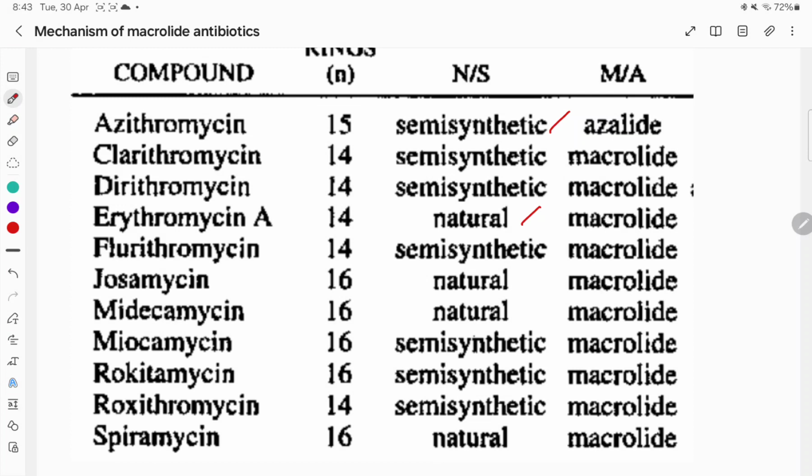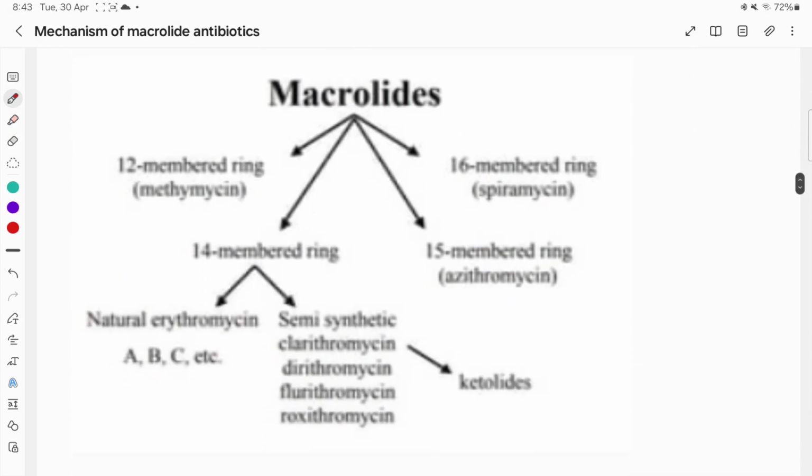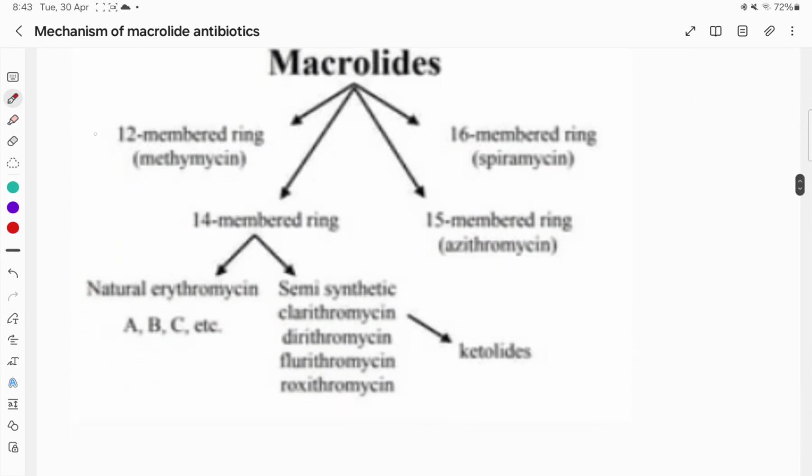Accordingly, we can classify them: natural, semi-synthetic, 14-membered ring, 15-membered ring, 16-membered ring. So it starts with a 12-membered ring, or 14-membered, 15-membered, or 16-membered ring.